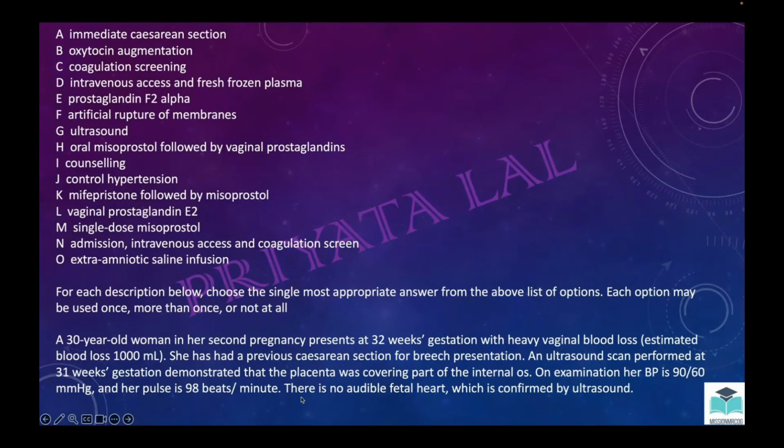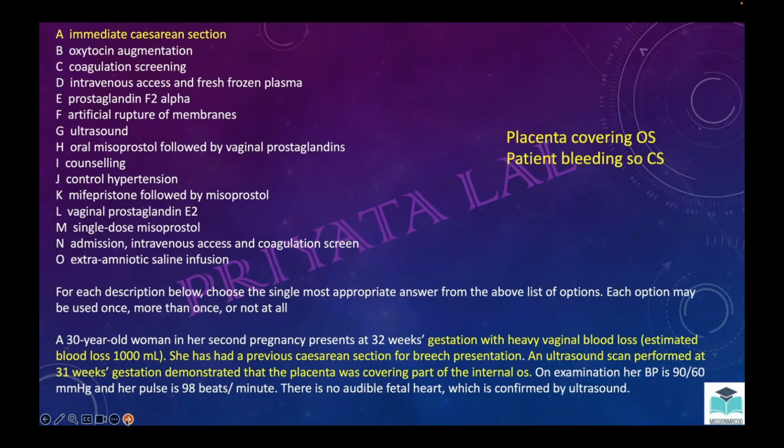The clue here is placenta covering the internal os, and the patient has lost 1000 ml blood. First option, yes, cesarean section. We have to deliver the baby, otherwise the mother would die.